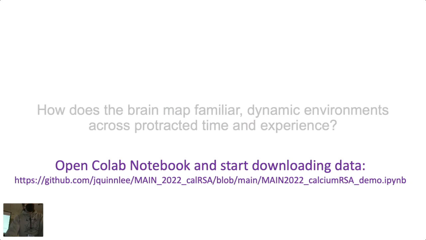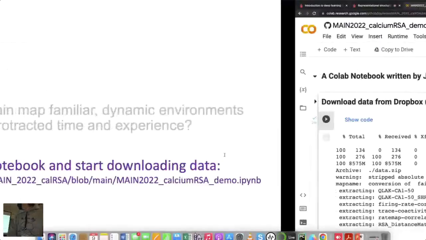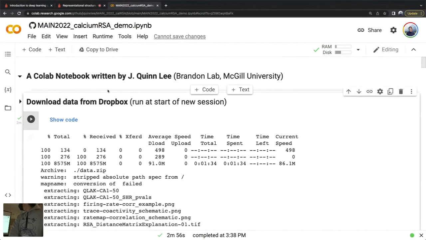Right now, I'd like if you could make sure you have the Colab notebook for this session opened, and please start running it now, specifically the first kernel, so that you can download some of the data, because it could take a couple of minutes to download. So if you go here, this is the notebook that we're after.